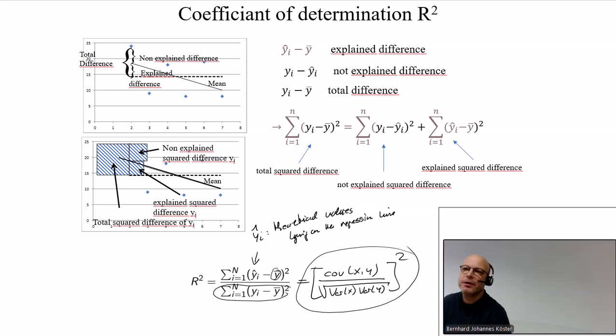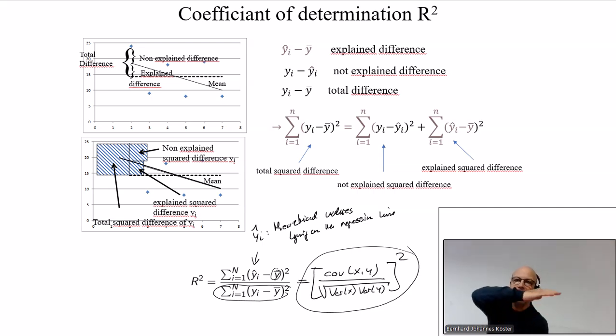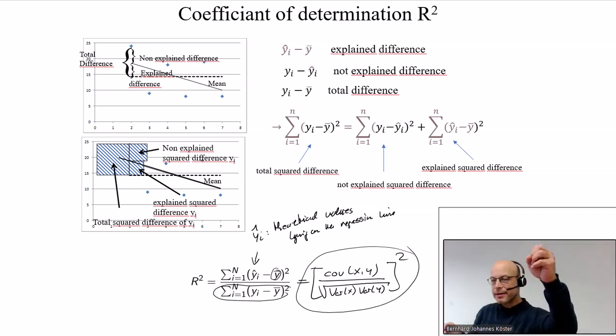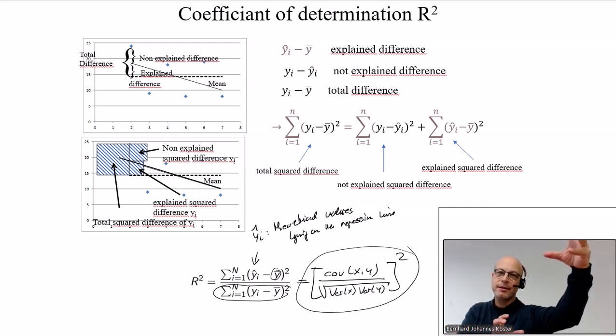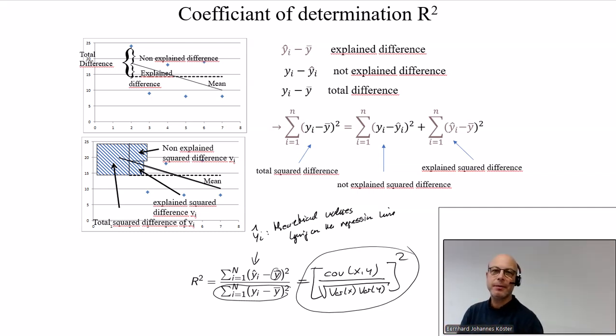If this number is 0.72, then we can say, okay, our model now that I take this increasing linear line and not the horizontal means that I can interpret this increasing line, that this explains 72% of the dependence between the two variables.